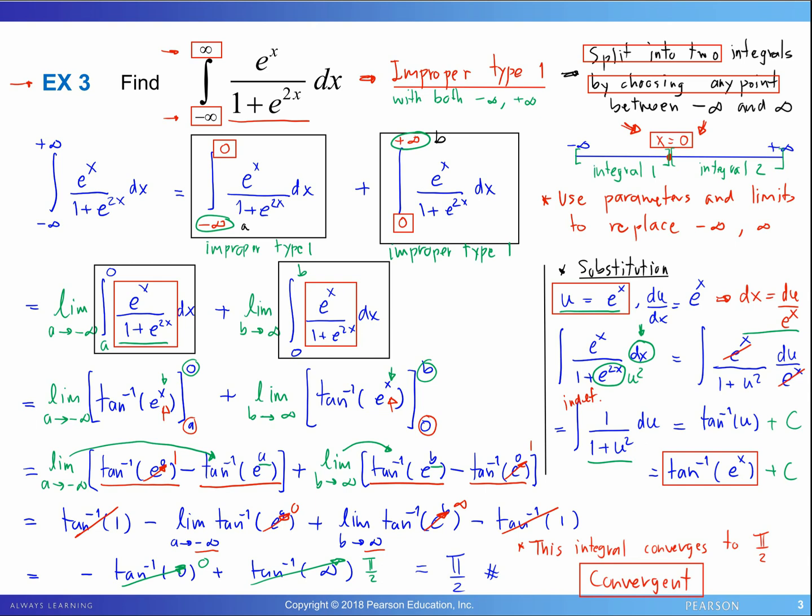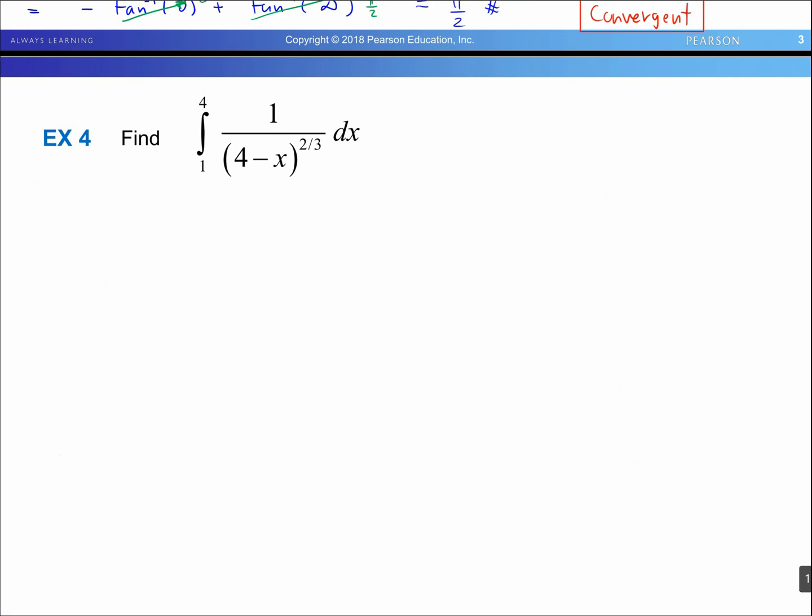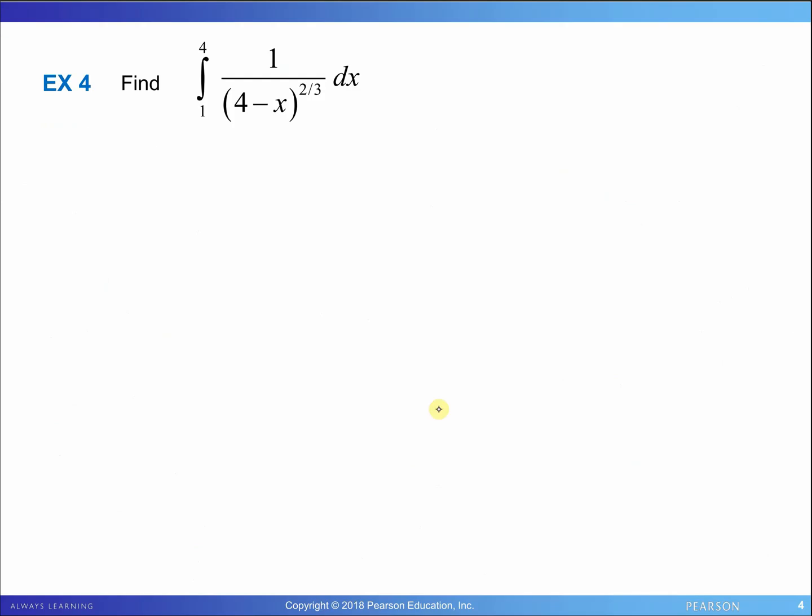Now let's move on to the next slide. In this example, we need to integrate this function, 1 over 4 minus x to the power of 2 over 3. Let's call it f of x. And now we need to integrate this function from the starting point 1 to the endpoint 4.